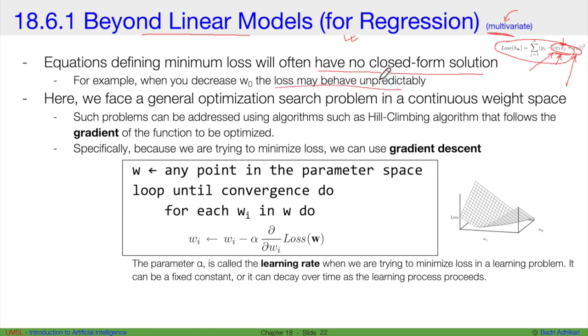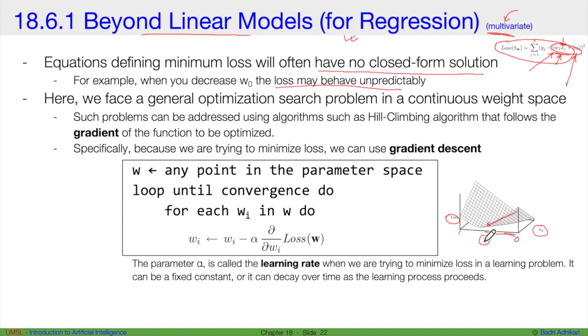Now, what we mean by unpredictably is this. For example, in the case of two variables W0 and W1, where your loss is changing as W0 and W1 change, you see that as I increase W1, let's say if this is 0 and this is 1 for this axis, from 0 to some point, the loss keeps decreasing.